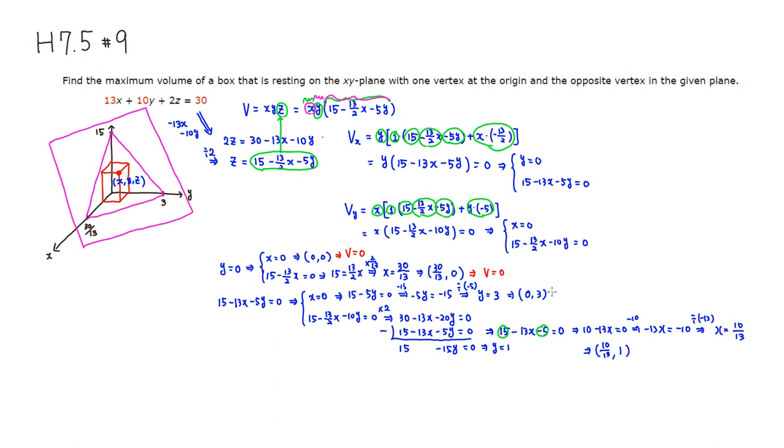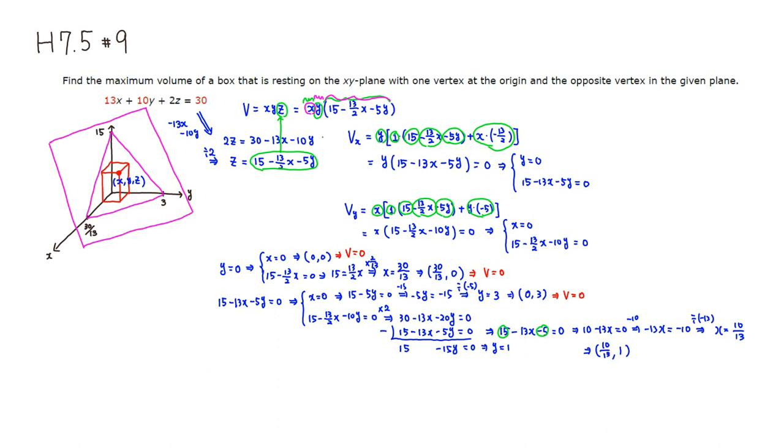And when x is 0, again, the volume is 0 too. So the first 3 critical points give you a 0 volume, which is clearly not the one we are looking for, because we want to maximize the volume of the box. So this is the last possibility, and this is going to be the one that gives us the maximum.